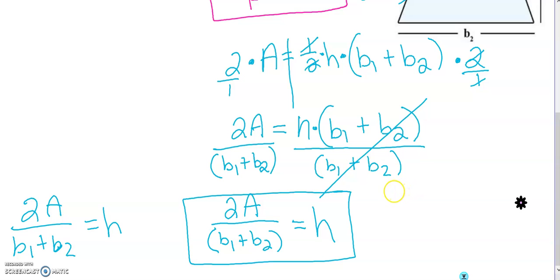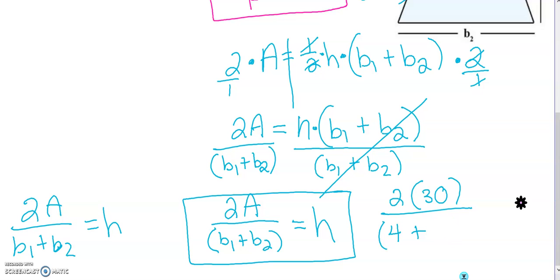So let's say my area was 30. I'm making this up. And that the first base was, let's say, 4. And the second base was 8. No, you know what?